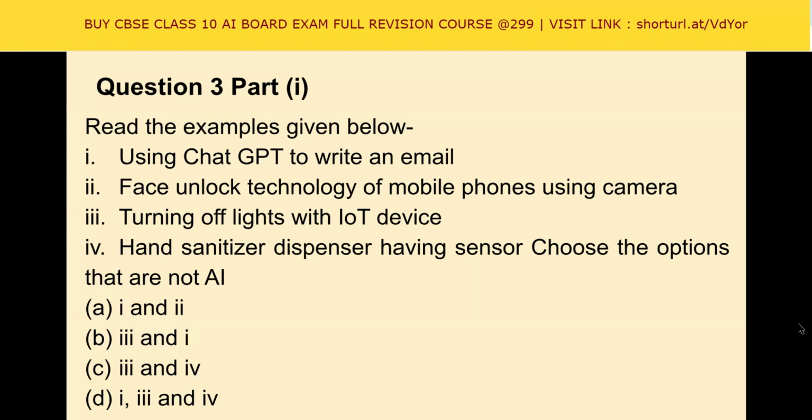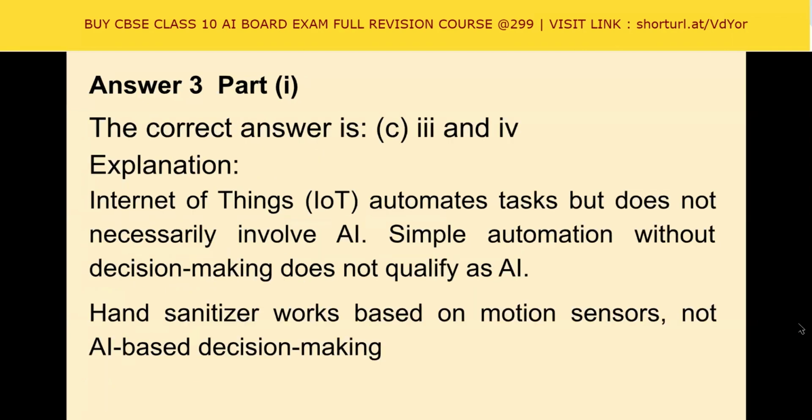Face unlock is also an AI technology, but turning the light on and off is just using a machine to do this thing. It's not an AI-based technology. Hand sanitizer is obviously again not AI based. It's very common and manual, rather. So we can say answers number three and four are correct in this category. They are not AI.